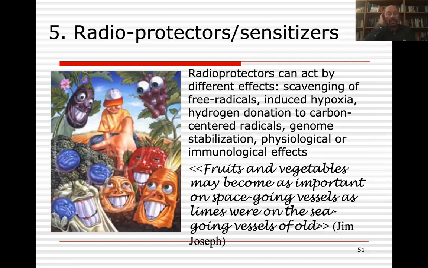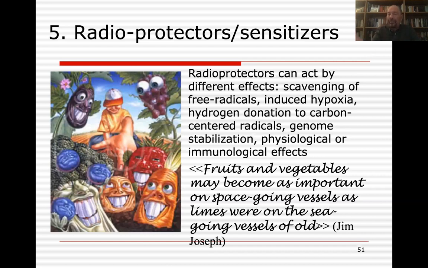Finally, the last point that also we mentioned in the chemistry part is the radioprotectors or radiosensitizers. Radioprotectors and radiosensitizers are both useful in radiotherapy, because you want radiosensitizers for the tumors and radioprotectors for the normal tissue. Of course, in radiation protection, you only want radioprotectors.